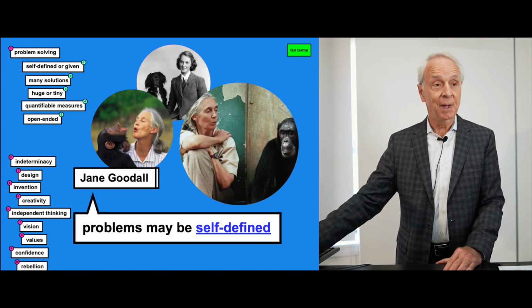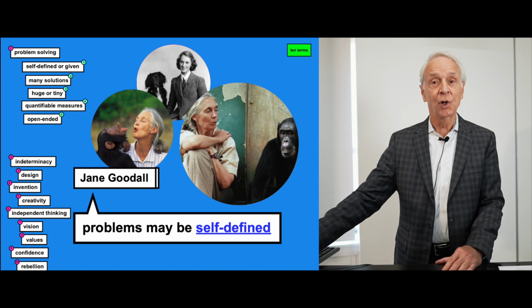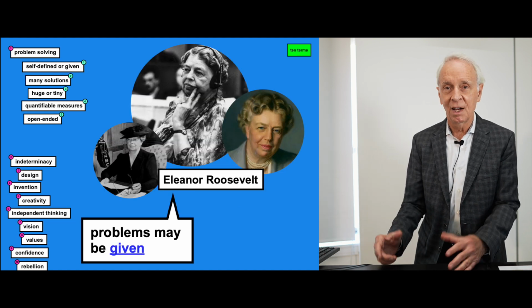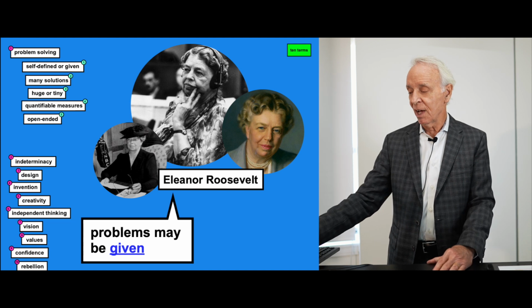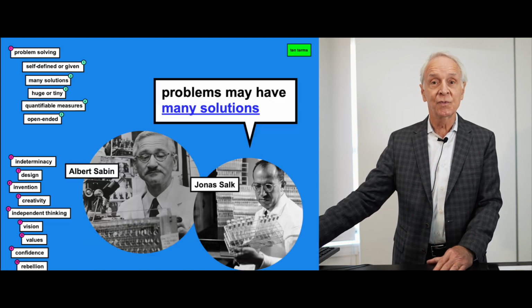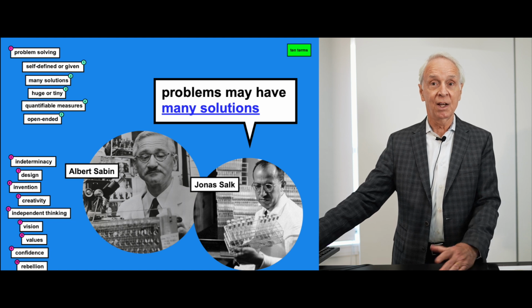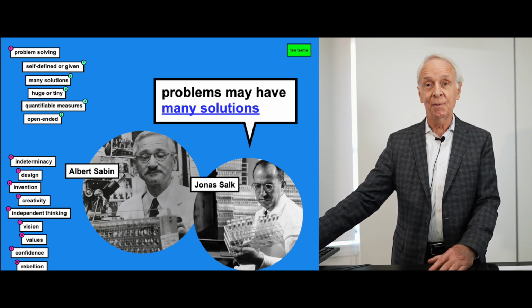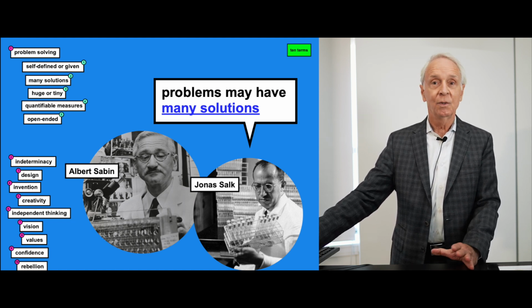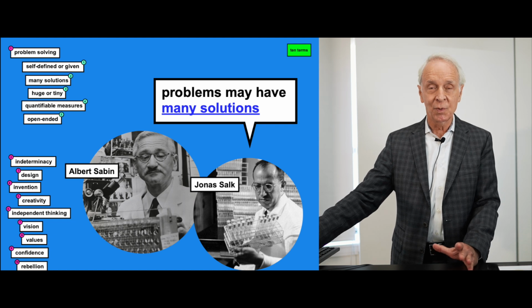The first is that they may be self-defined, like Jane Goodall or James Turrell, or they might be given, coming from an external source, as was the case with Eleanor Roosevelt. And the problems might have many solutions, like Jonas Salk and Albert Sabin addressing the polio vaccine with completely different solutions. So a single problem may have many solutions.